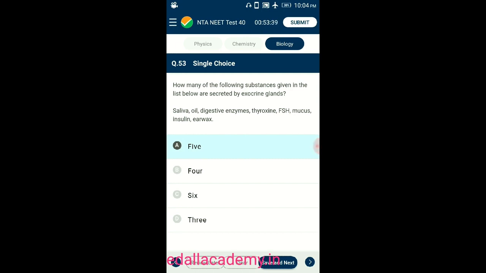These products are released through ducts or tubes. In contrast, endocrine glands do not have ducts. Their products, called hormones, are secreted directly into the fluid bathing the glands. In the given list, insulin, follicle stimulating hormone, and thyroxine are hormones. The remaining are exocrine glands. So totally there are 5 exocrine glands given. So the correct option is A.